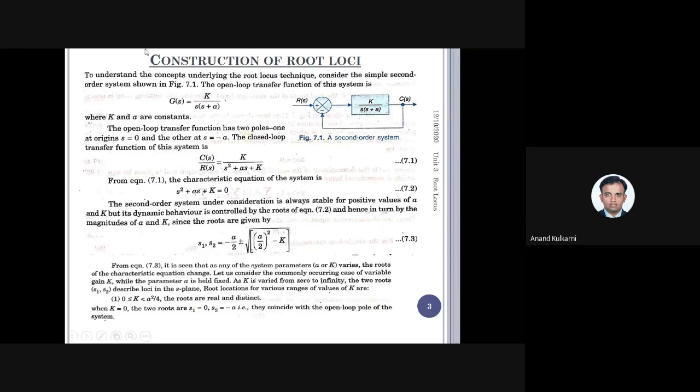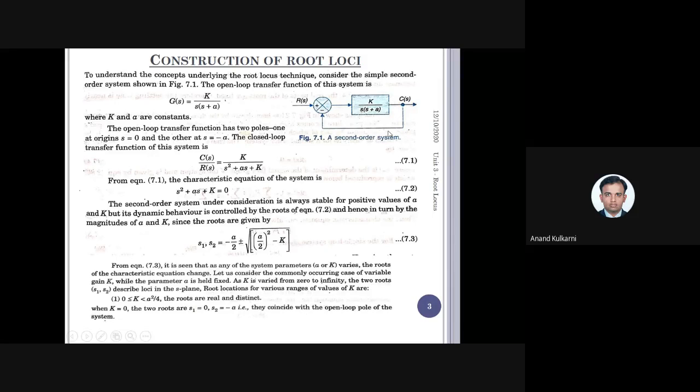Now, here the closed loop transfer function is G of s divided by 1 plus G of s H of s. Here G of s is K divided by s into s plus a, whereas H of s is 1. So G is the same, divided by 1 plus this into 1.